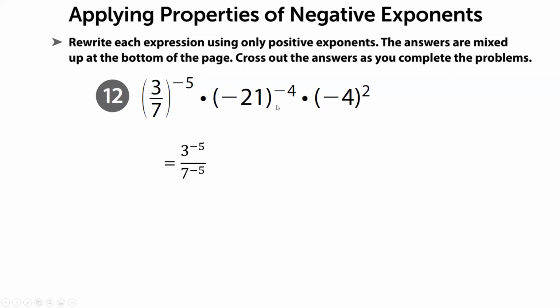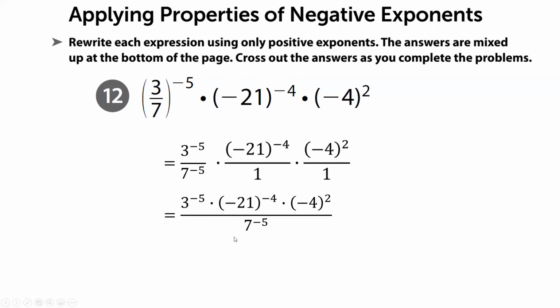And then the negative 21 to the negative 4th and the negative 4 to the 2nd, I can put those all over 1. And instead of having 3 separate fractions, I'm going to make one giant fraction. I'm just going to put all the top pieces together and all the bottom pieces together. But as we all know, multiplying by 1 doesn't really do anything. So the bottom's only going to be 7 to the negative 5th power.